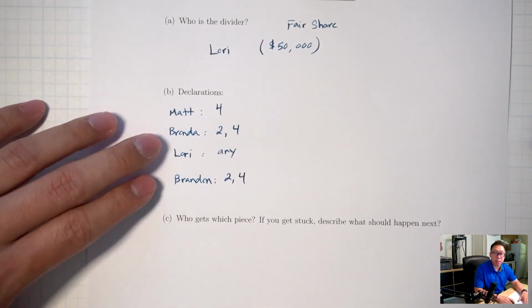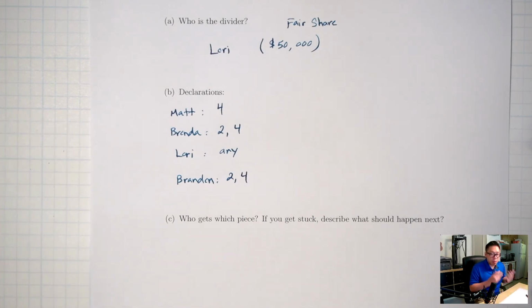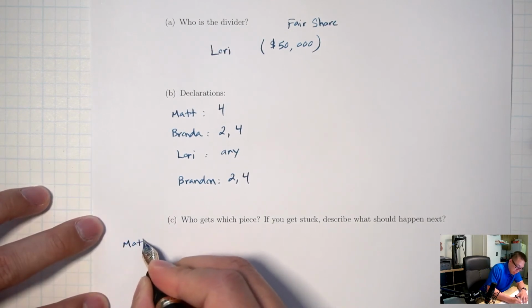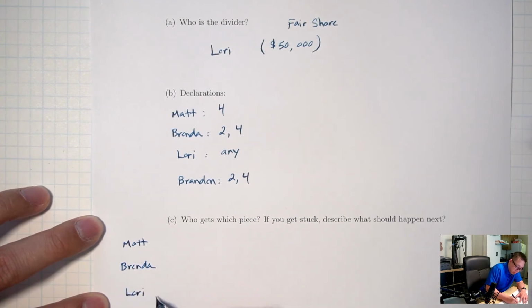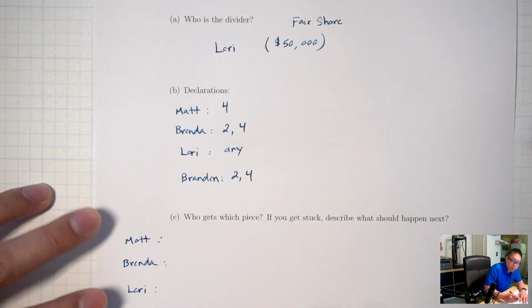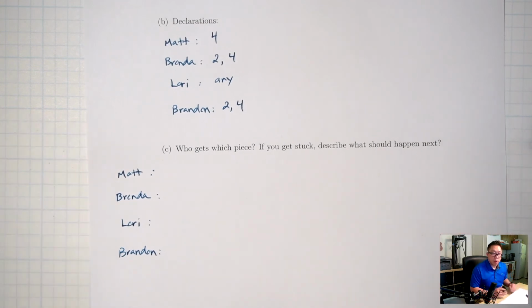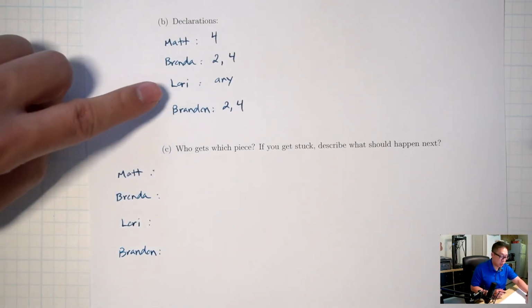Okay, now forget about the table and just look at the list of pieces that each person would accept and try to give everyone one of the pieces that's on their list. Okay, so strategy here, deal with the divider last because she's the most flexible.